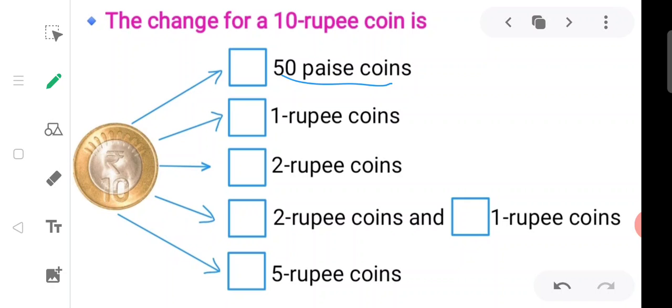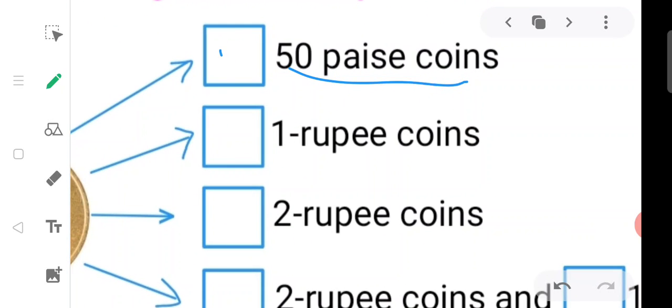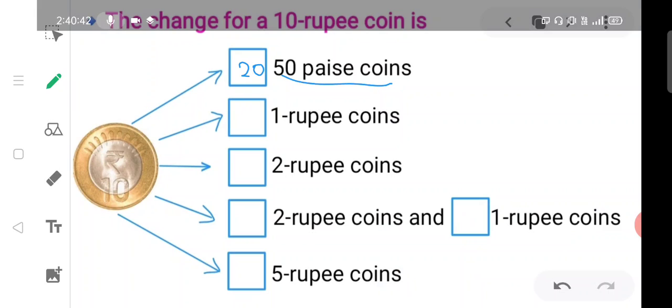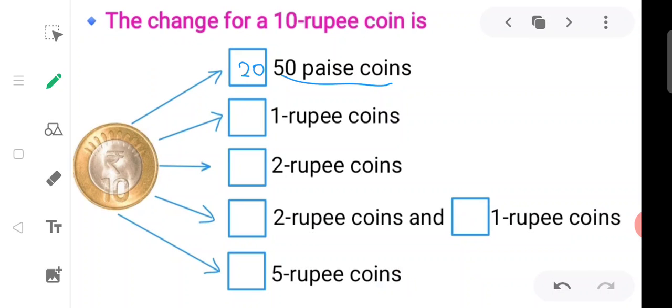So we need 20 coins of 50 paise for a change of 10 rupees.